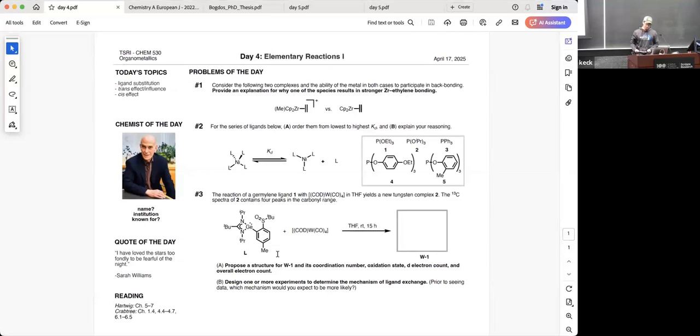If you have more than one idea in your mind, please list more than one idea. Then jot down the coordination number, oxidation state, and overall electron count. Then think through, in terms of what we've covered, what the mechanism for ligand exchange might be, and what you would expect might be more likely.